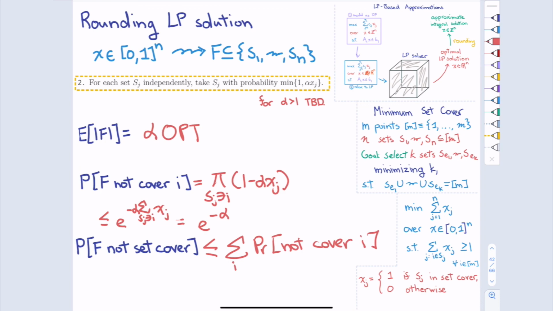Okay, summing over all the points, what are the odds of not covering that point? So this is m times e to the minus alpha. If I want this to be something really small, like 1 over m squared, say, that would be great. What should I make alpha?